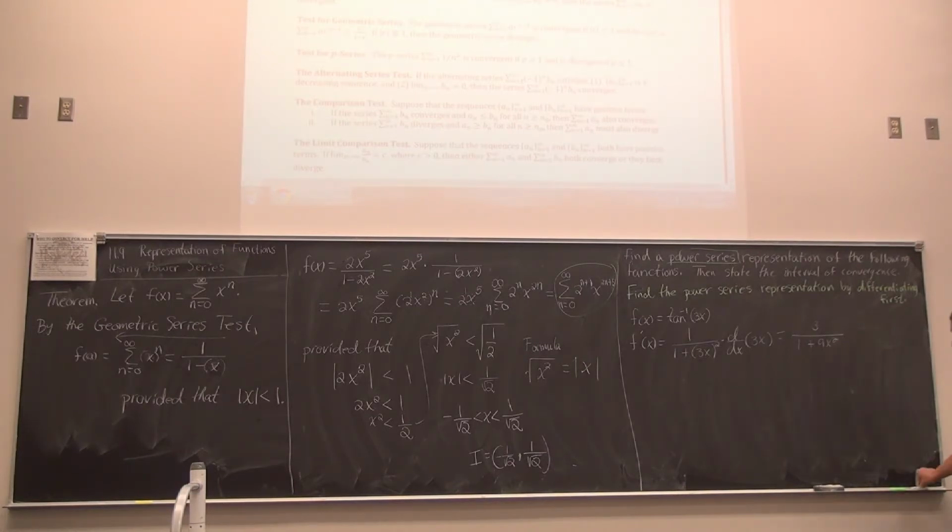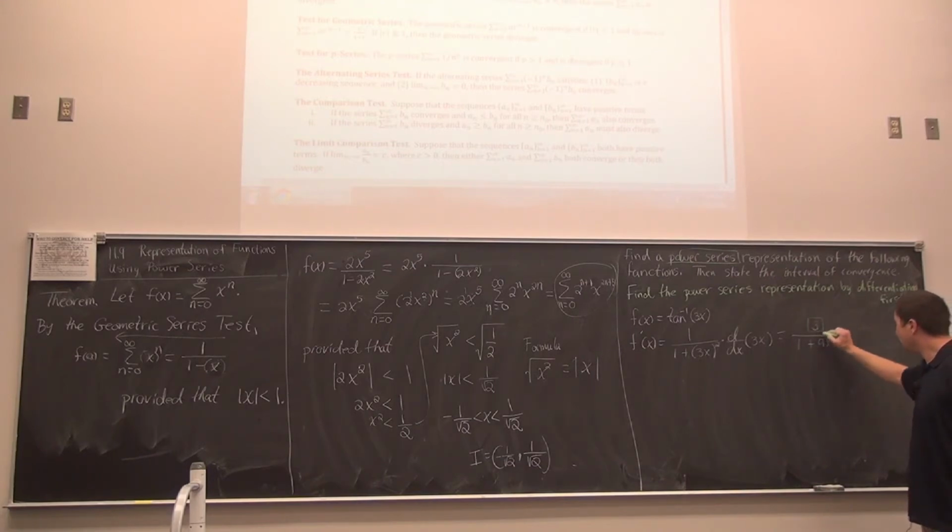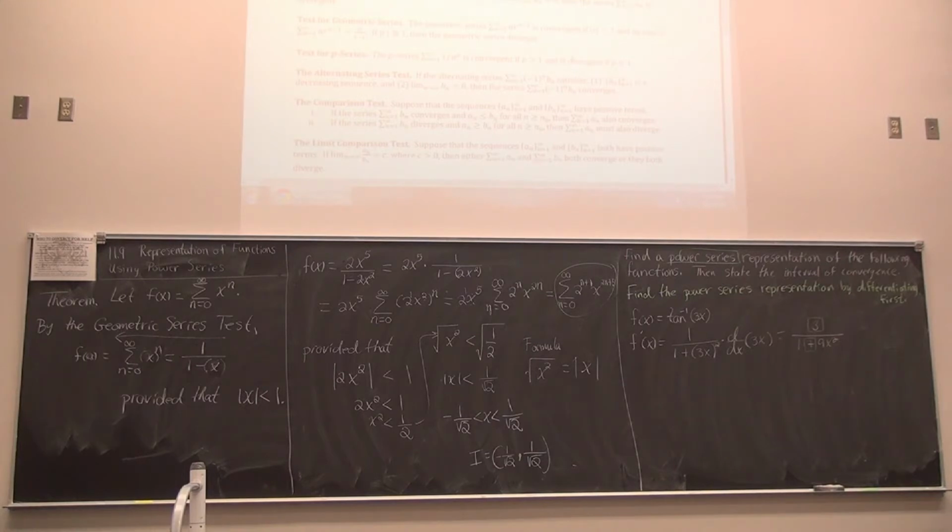Okay, so there's two problems. The first problem is this has to be a 1, and the second problem is that this has to be a negative. So we can correct both of those in one shot by saying that this is equal to 3 times the fraction 1 over 1 minus something, and that something would be negative 9x squared. So now we're ready to apply the theorem. The theorem is only applied to this portion right here, where the x and the x to the n and the absolute value of x is now going to be negative 9x squared, playing the role of the original x.